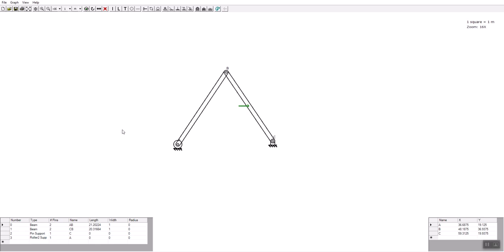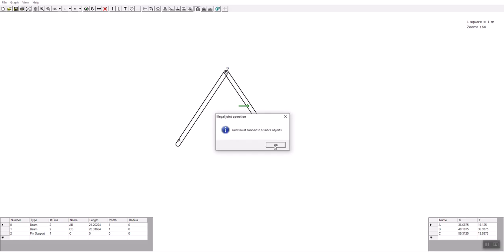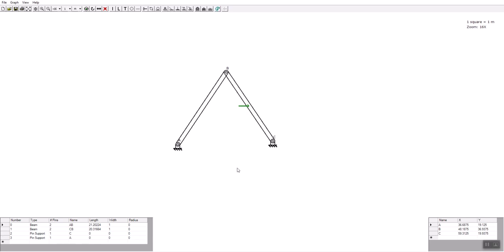Let's make a modification. So we will remove the roller. So take this delete object button and delete the roller and put a pin support. I'm sorry, we need a pin support, not a pin joint. So we put a pin support here.